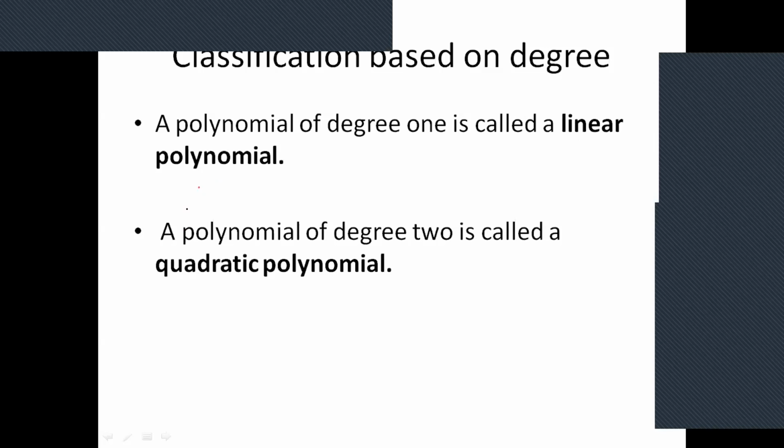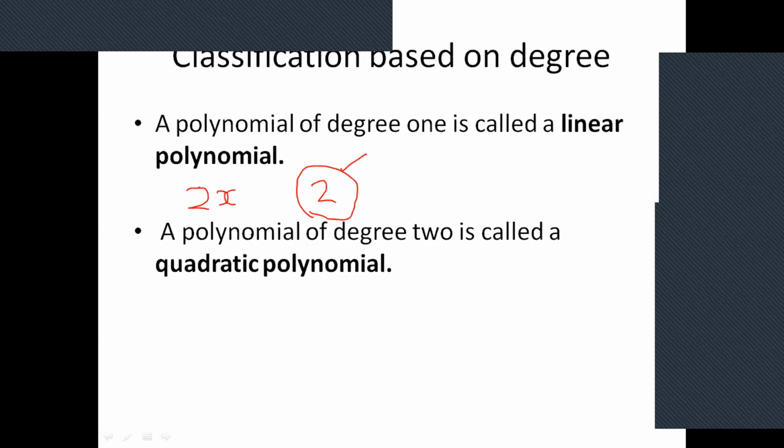Good. 2x, correct. Suppose I just write 2, is it linear? We'll come back to that later. Yes, 2x, 8x, x plus 1. Some of you have answered this question. 2 is not linear. We'll be discussing what kind of polynomial this 2 is later on.